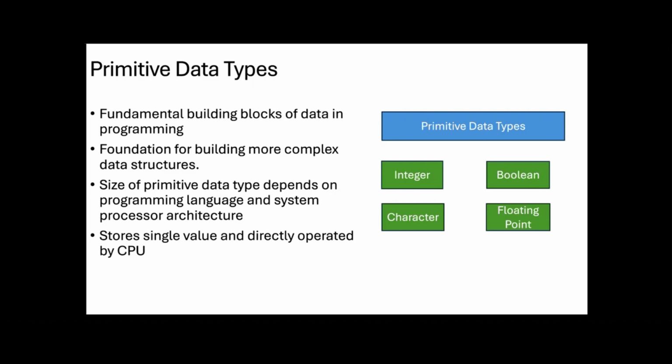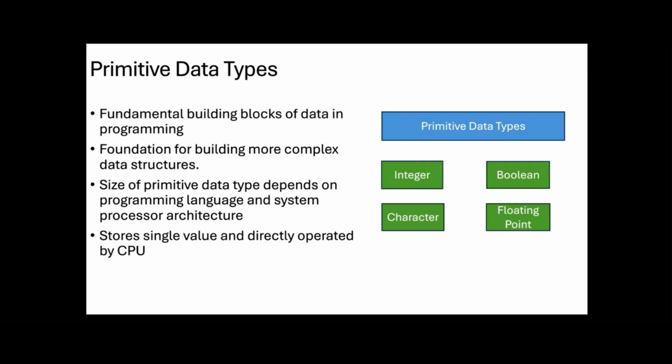It basically acts as a fundamental building block for data in your programming, that is, how you represent the data in your programming. If you see on the right side, in most programming languages, these are the common primitive data types: integer, boolean, character, and floating point.